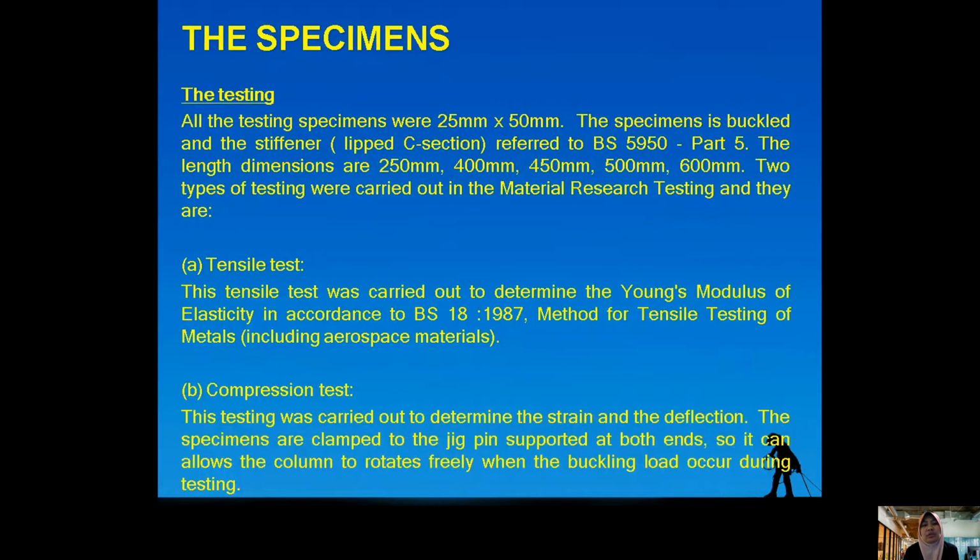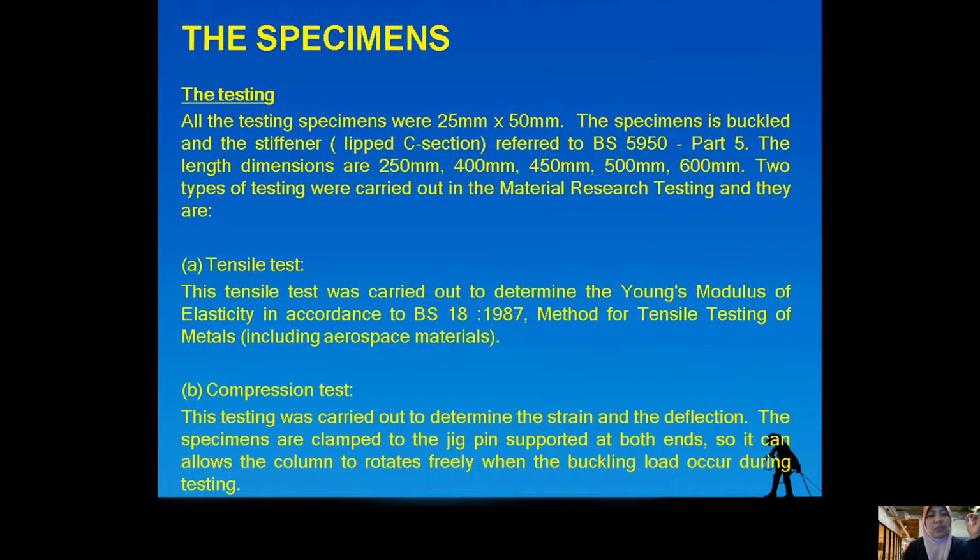For the specimen, to consider the testing, I am using BS 5950 Part 5, the British Standard. I have to do a tensile test, which was carried out to determine the Young's modulus of elasticity in accordance with BS 18, 1987, the method for tensile testing for metals, including aerospace materials.